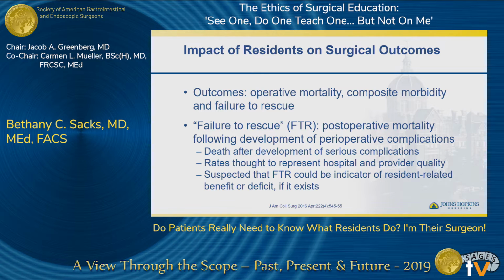There's basically 7 main groups of these complications that could lead to death. And this failure to rescue rate is thought to represent hospital as well as provider quality. And in the study, they were suspecting that the FTR could be used as an indicator of whether residents were affecting either positively or negatively the FTR.